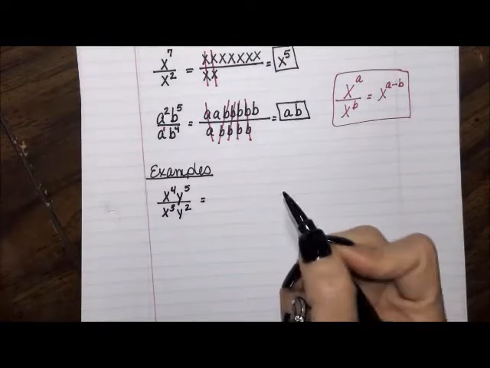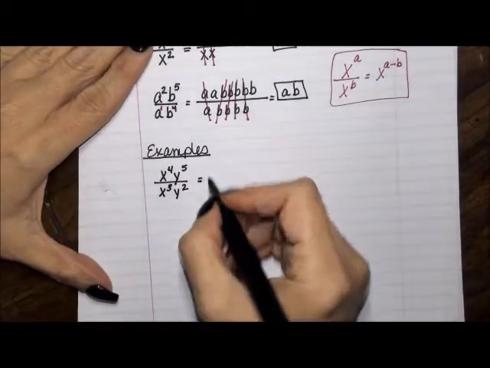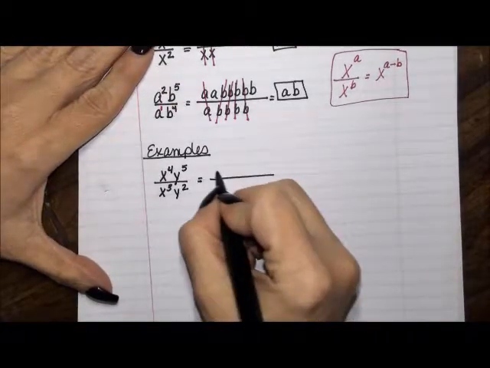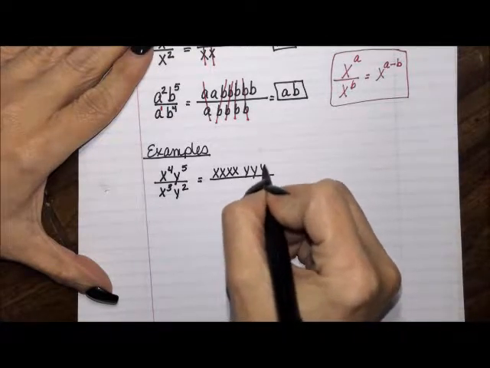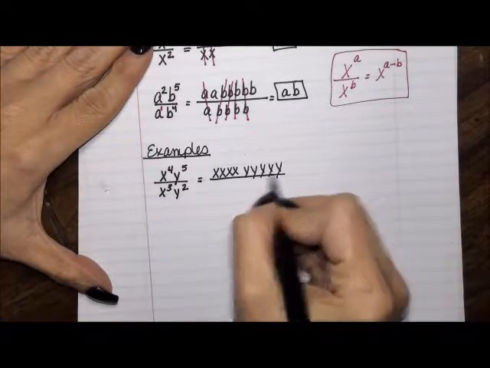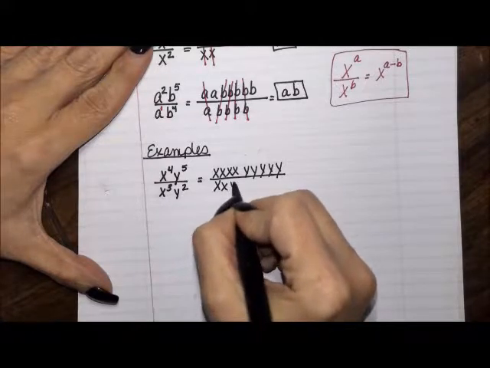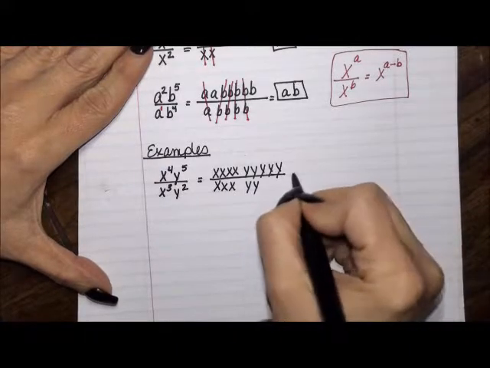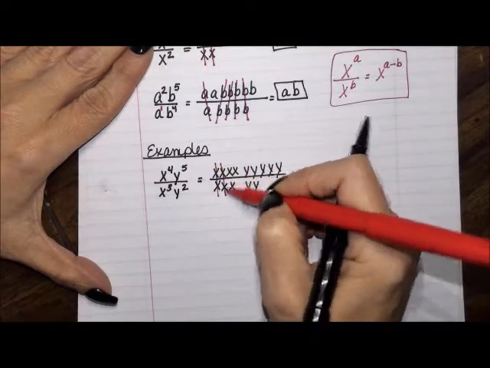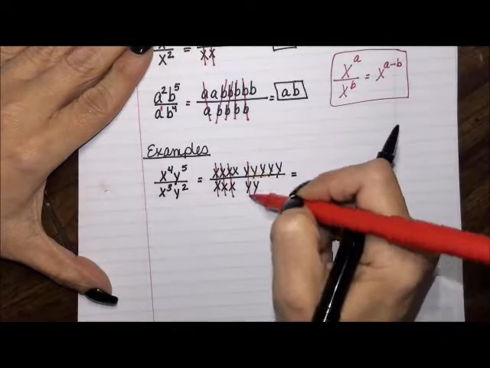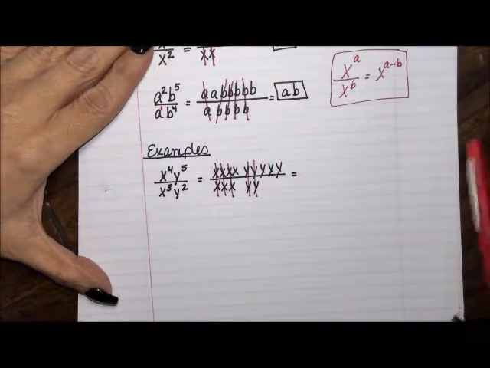So I'm going to go ahead and expand it out, just because I think for me that helps. 1, 2, 3, 4. 1, 2, 3, 4, 5. 1, 2, 3. 1, 2. Cross off where they line up.